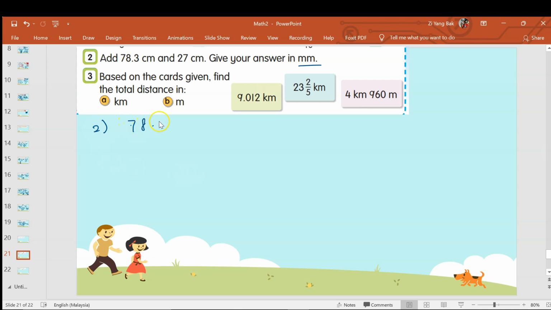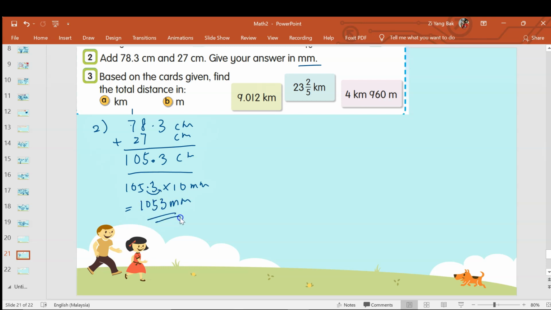So you can plus first. 8 plus 7, 15. So 105.3 cm change to mm. You have to times 10 mm because 1 cm is 10 mm and cm is bigger. So move decimal point one time, you get 1053 mm.